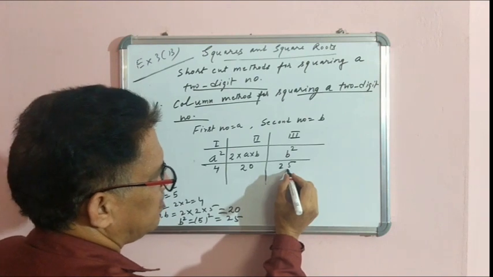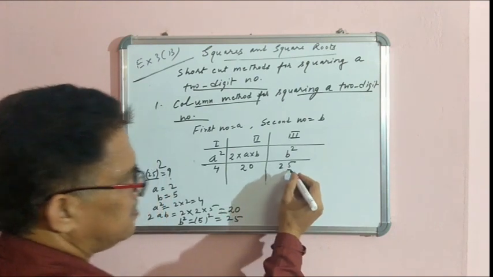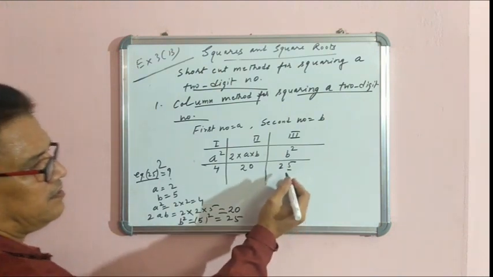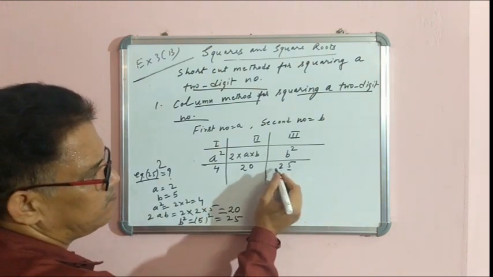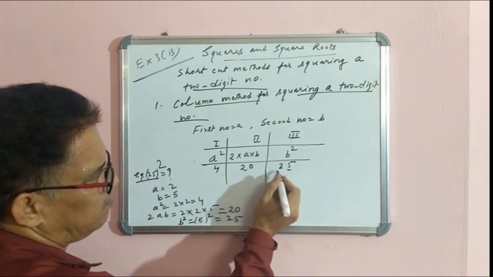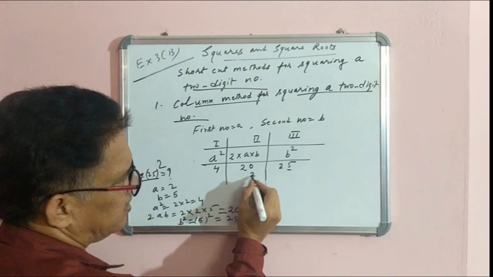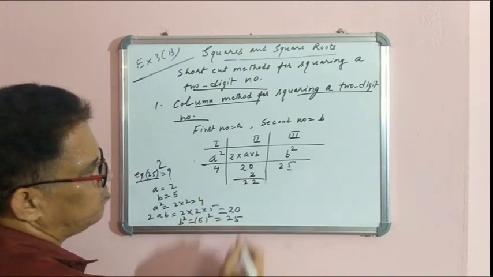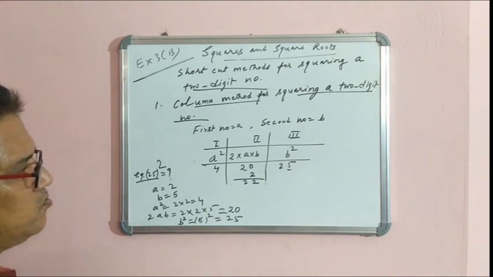We will underline the first digit from the right side, that is the units place. Then we add the 2 that is left over here, and we are getting 22.